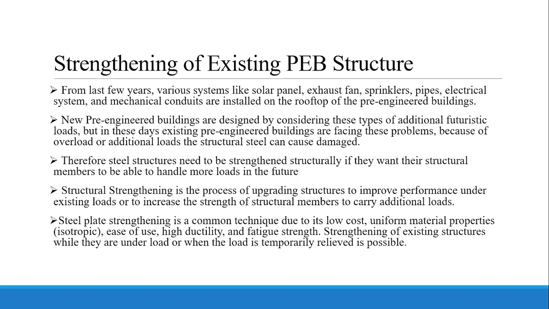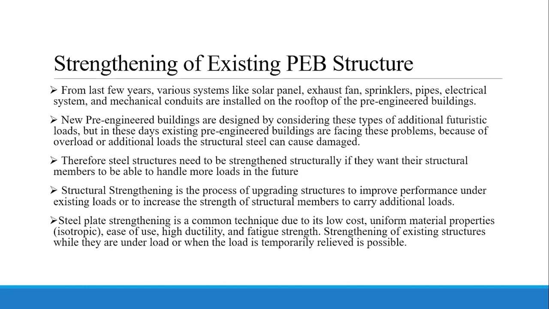Structural strengthening is the process of upgrading a structure to improve performance under existing load or to increase the strength of the structural member to carry additional load. There are two types of structural strengthening. First is bonding CFRP plates, that is carbon fiber reinforced plates, and second is steel plate strengthening.